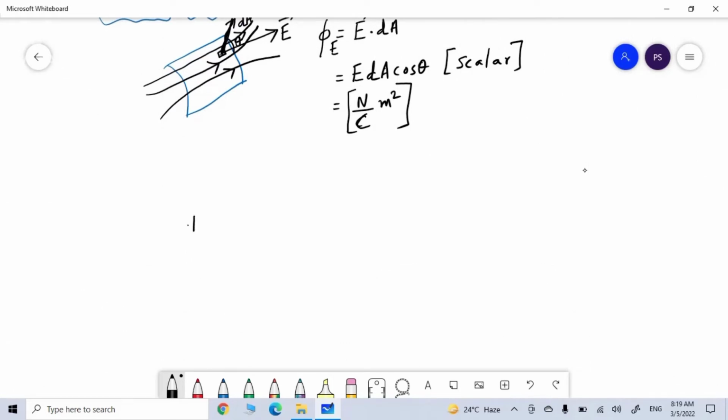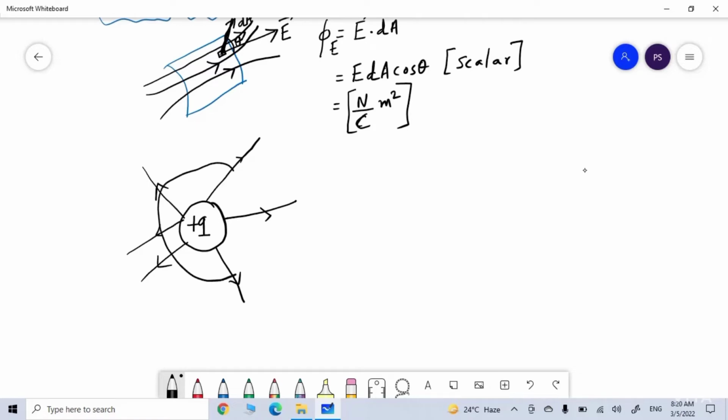Now let's take a positively charged point charge. The electric field lines from this charge are directed radially outwards. Now let's construct a sphere so that the sphere encloses this charge.